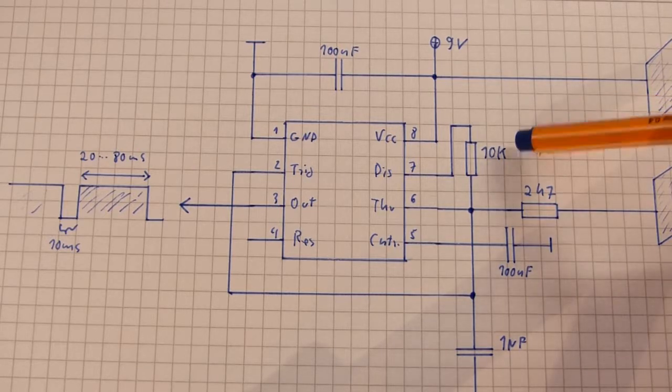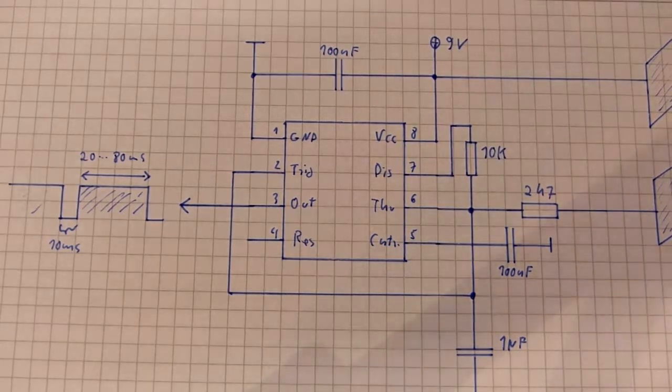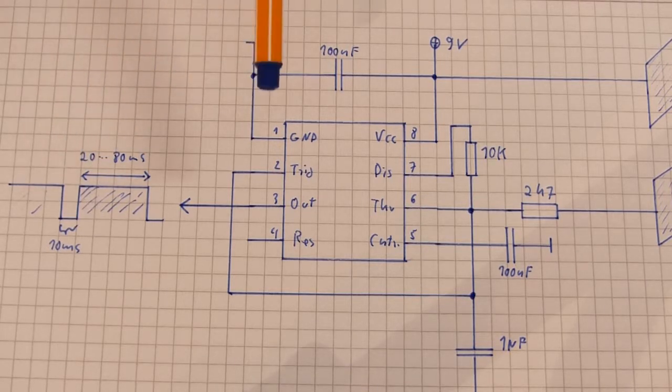And because this is a constant value for the resistor, it also means that the dead time here is constant. I decided to make it 10 milliseconds. It's large enough for a sampling system to detect that the pulse is over.